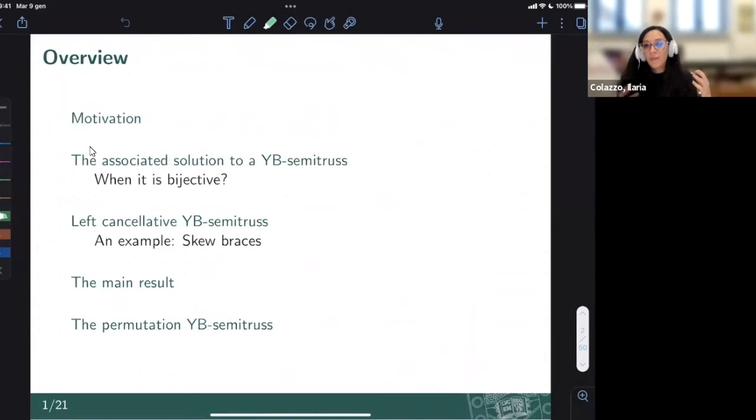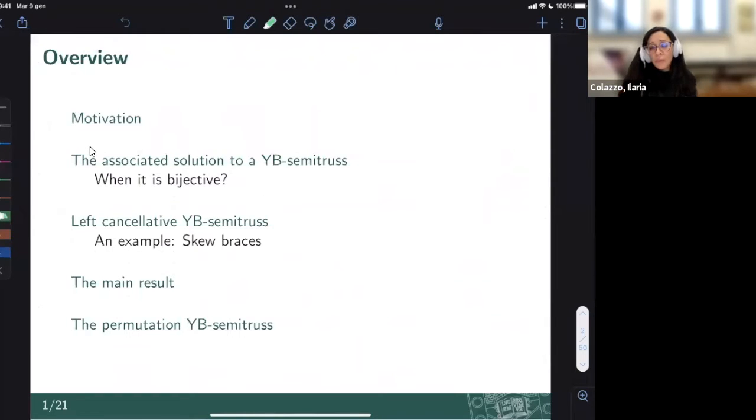Then I will move to the main result of this talk: using the YB-semitrusses, we can prove that in the finite context, left non-degenerate solutions are bijective, even if they are right non-degenerate.